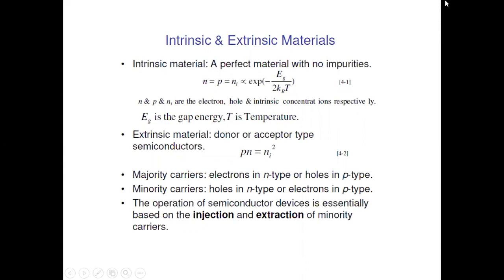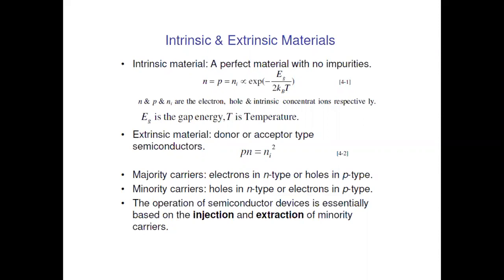Now we'll be dealing a lot with intrinsic and extrinsic materials. A perfect material without any impurity is an intrinsic material, and here the N and P type carriers will be the same as the intrinsic carrier concentration, which can be given by this, where Eg is the band gap.